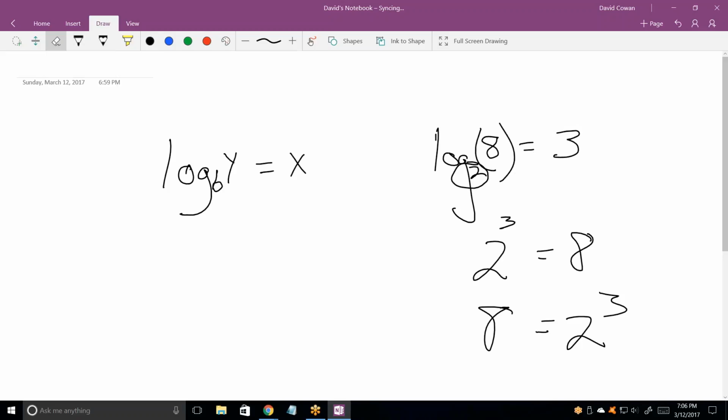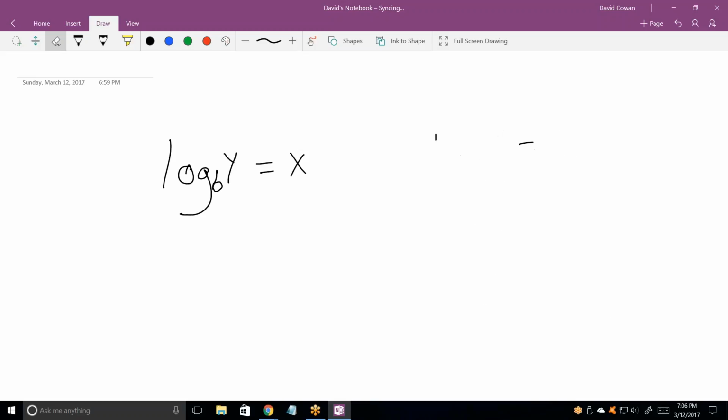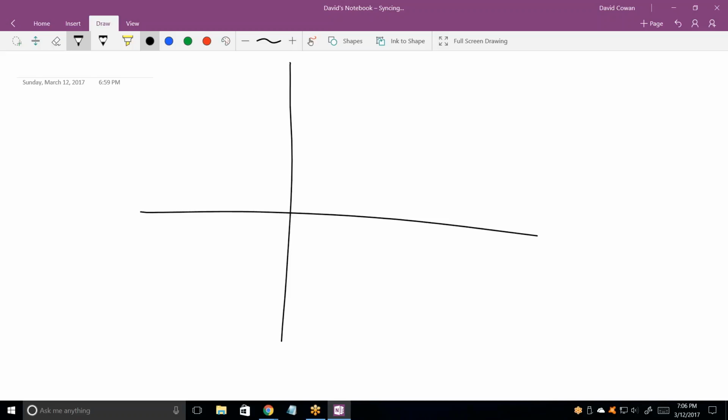Got it. Now, how does a log look on a graph? All logs pretty much look like this. And they all go through this point right there, which is (1, 0), no matter which it is.